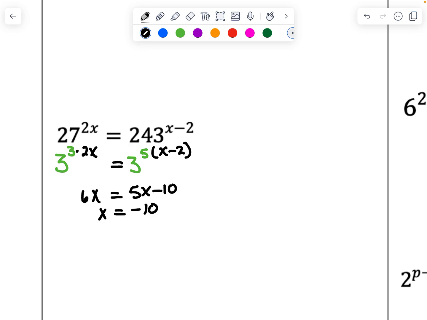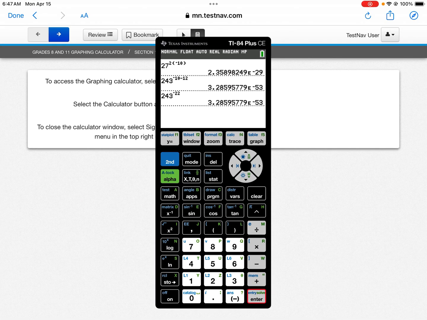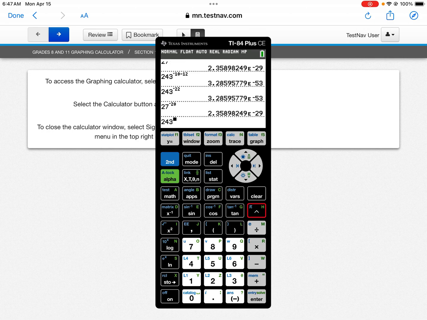27 to the negative 20 and 243 to the negative 20.